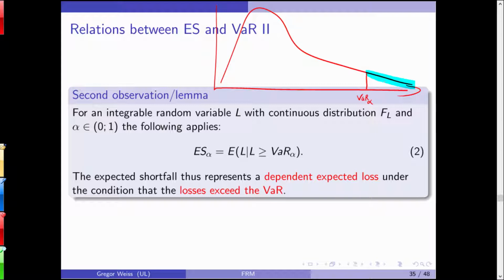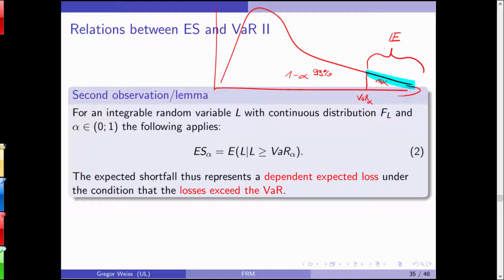That means we have alpha here and 1 minus alpha here. So 99%, 1% here. And the expected shortfall is what? The expected shortfall is the average. It's the expected value of all losses that are larger than the VaR. So it's a conditional mean.